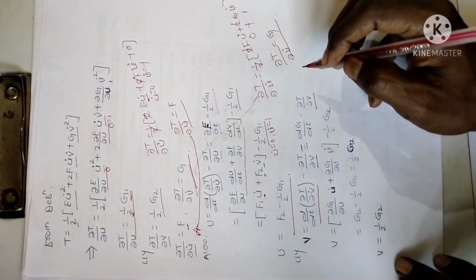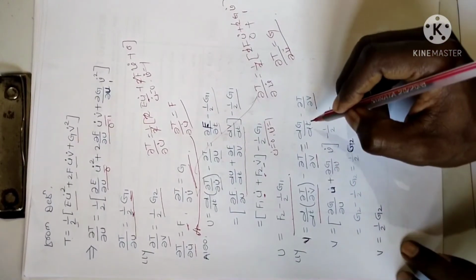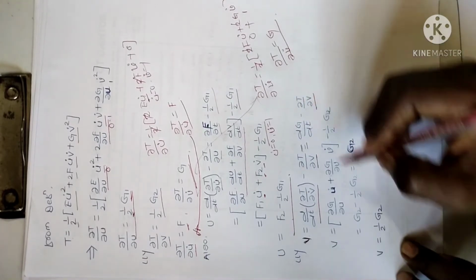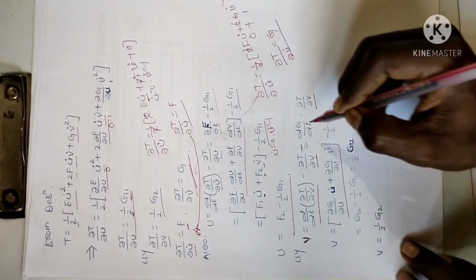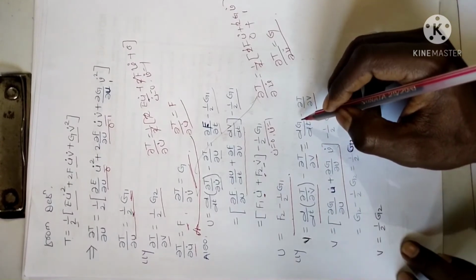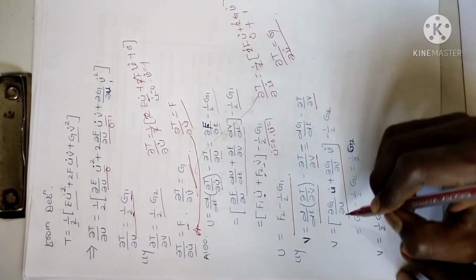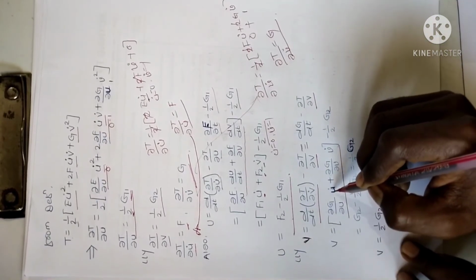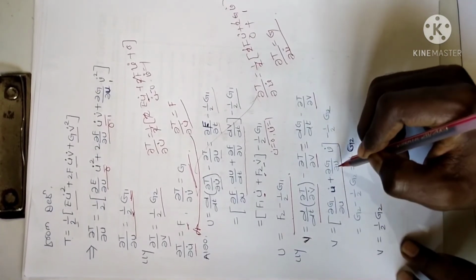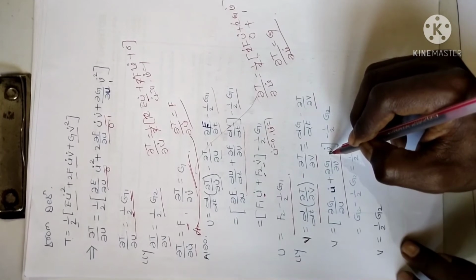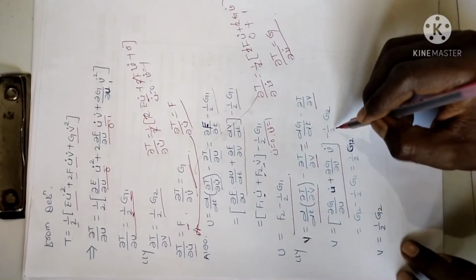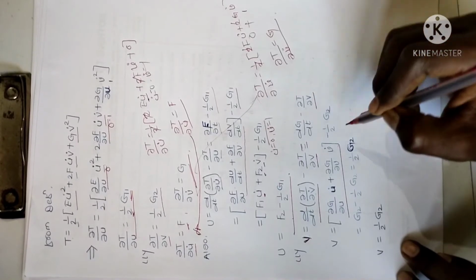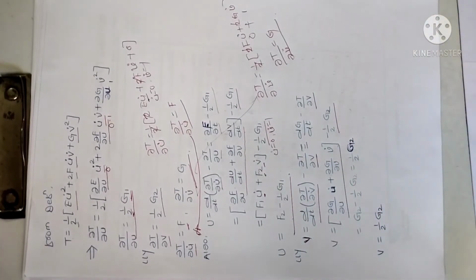Next, dG/dt we can write in this way, applying the chain rule. So dG/dt means ∂G/∂u into du/dt, meaning u dot, plus ∂G/∂v into dv/dt, meaning v dot, minus the value of ∂T/∂v from equation 2, which is half of G2.